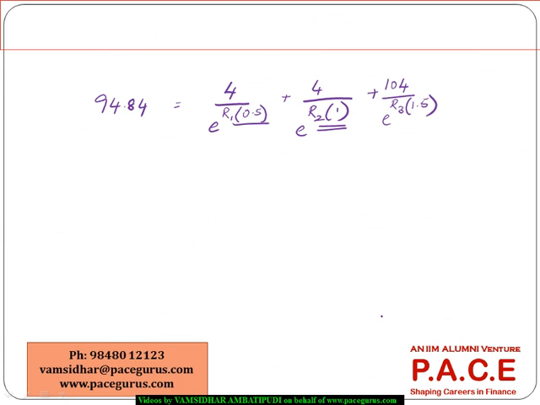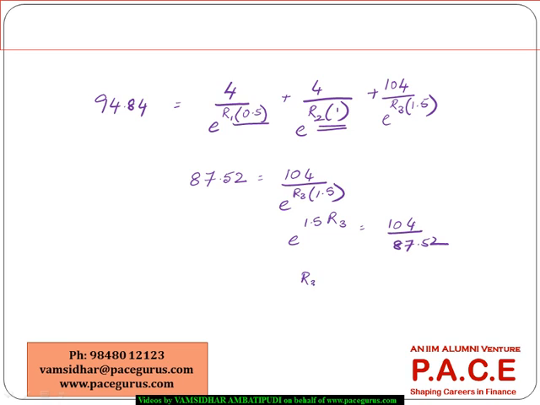So overall 87.52. This transformed equation is becoming 87.52 equal to 104 divided by e to the power of R3 times 1.5. So from here I can very well make out e power 1.5 R3 is equal to 104 by 87.52.